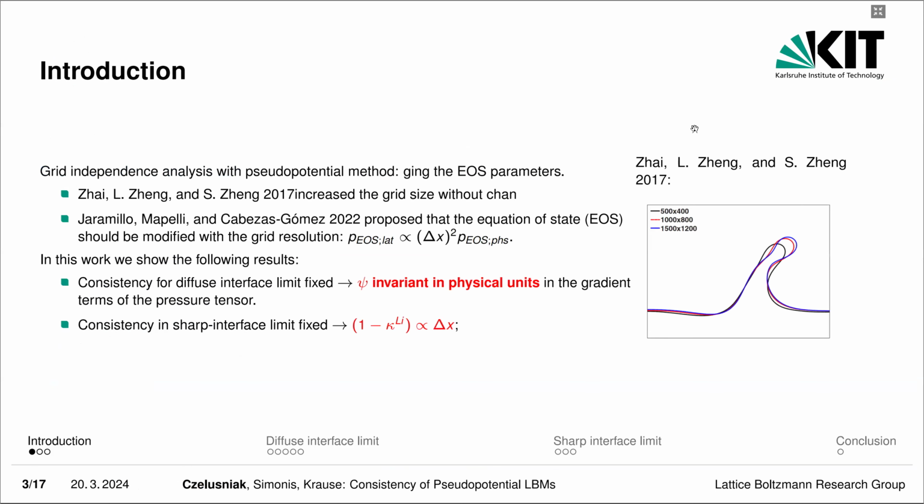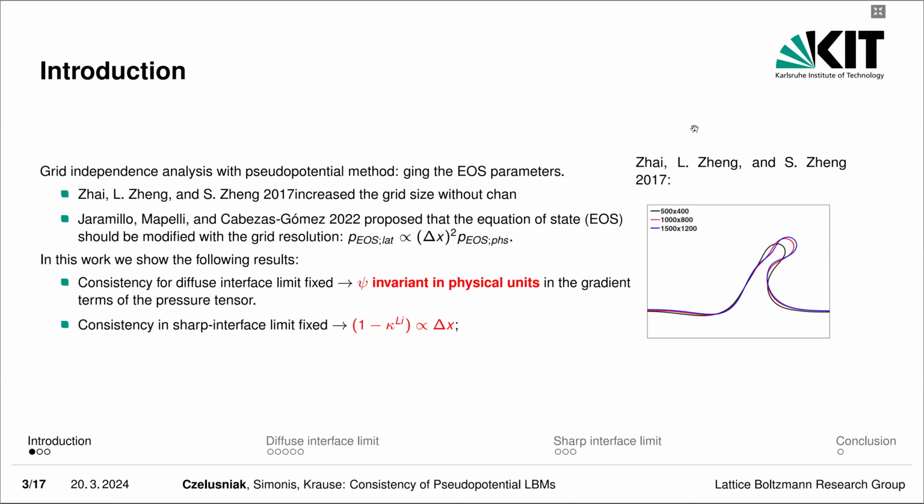So I will start by talking about what we can already find in the literature. I came across the work of Tsai and co-authors. They were doing a study not related to consistency, but they did a benchmark simulating a droplet impact on a liquid film with different grid resolutions.